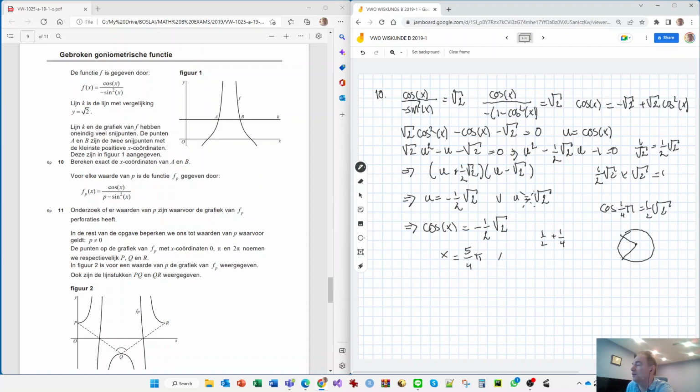So the other one is 1/4 pi past pi. So that is 1 plus 1/4.